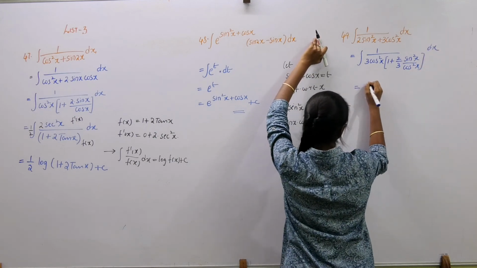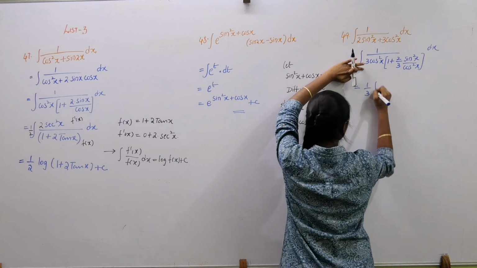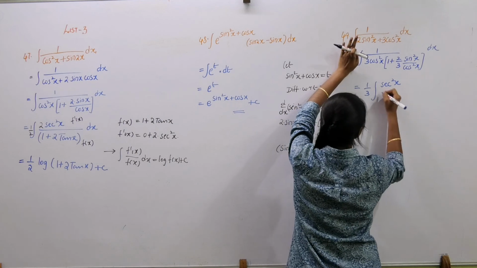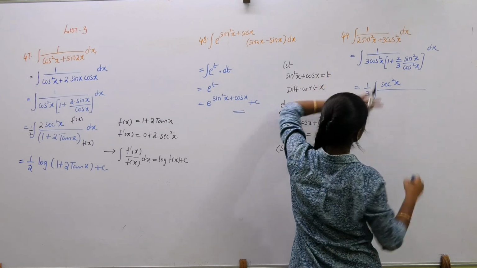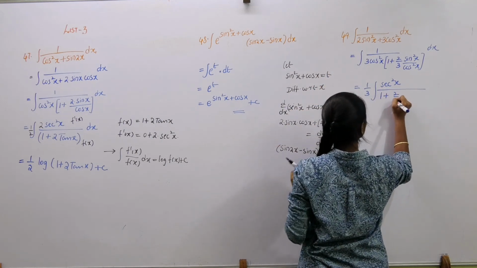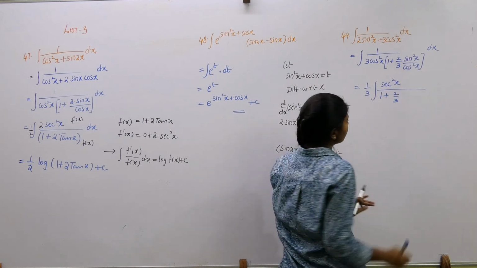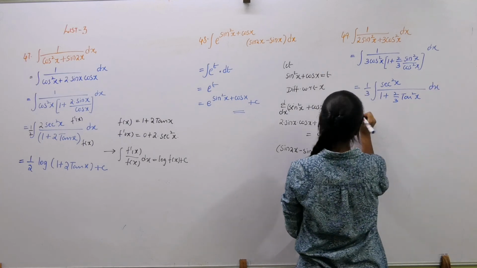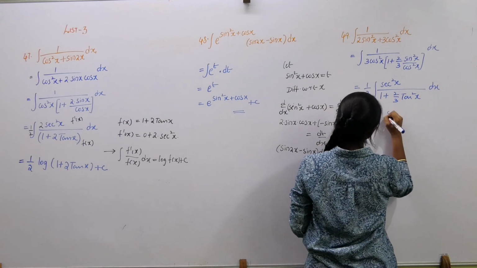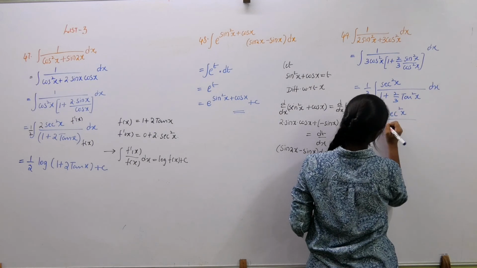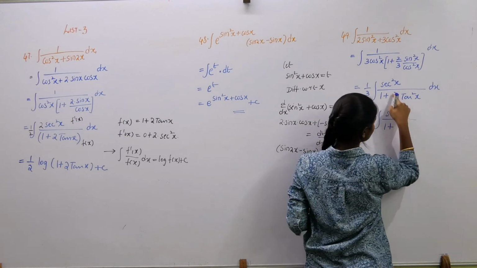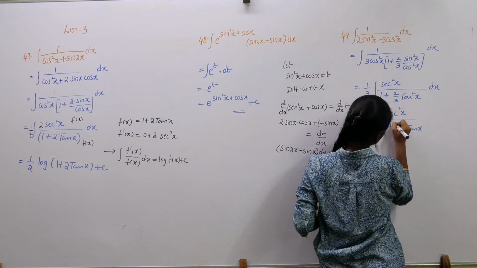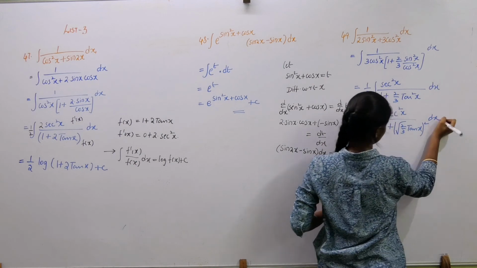It is equals to 1 by 3, constant taking out of integration, and 1 by cos square as secant square x by 1 plus 2 by 3 sin square x by cos square x, tan square x dx. It is equals to 1 by 3 integral secant square x by 1 plus, now I am writing 2 by 3 as root of 2 by 3 into tan x whole square dx.